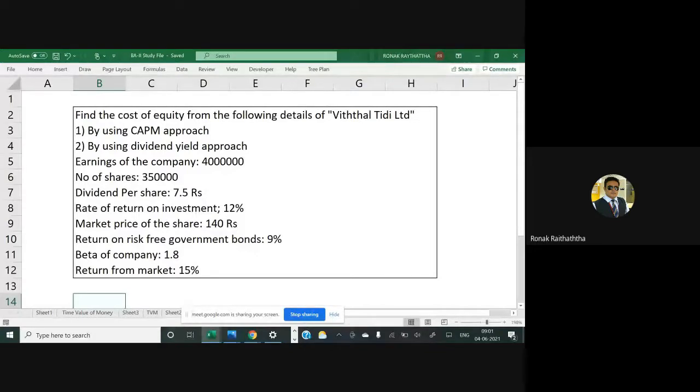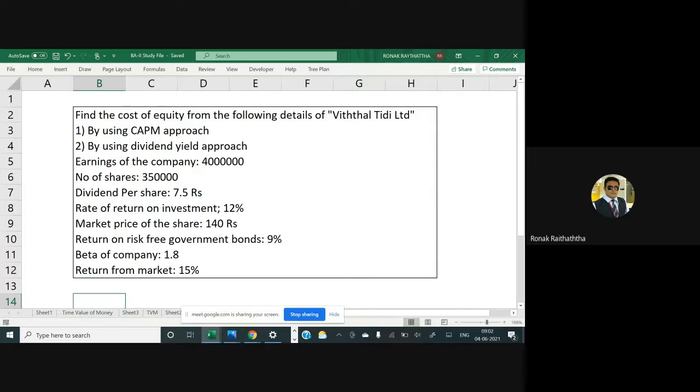Find the cost of equity from the following details of Vittal TD Limited by using the CAPM approach and also by using the dividend yield approach. We are aware of the formulas of both. Earnings of the company is 40 lakh rupees. Number of equity shares currently circulating in the market is 3 lakh 50,000.